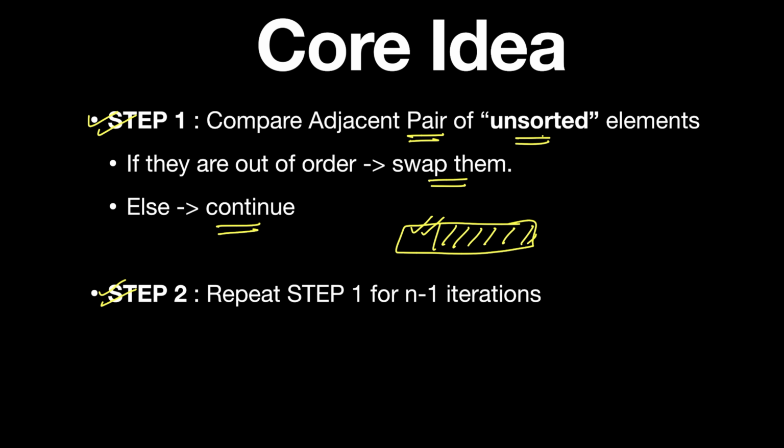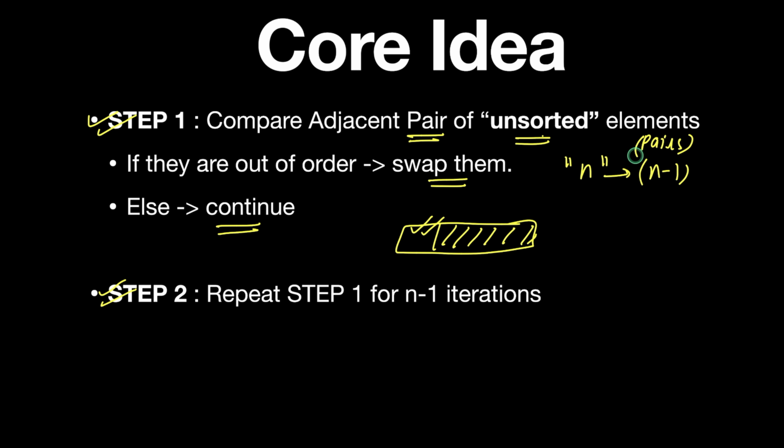Before writing the code, let's also understand how many comparisons we do at each step. So initially we had n elements, all of them unsorted. So we had n minus 1 pairs. So the number of pairs is equal to the number of comparisons. So we had n minus 1 pairs, so we do n minus 1 comparisons. After the first iteration, we observe that one element goes to its correct location.